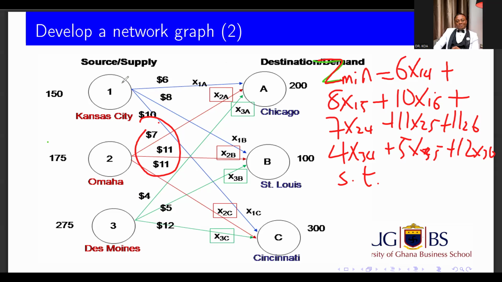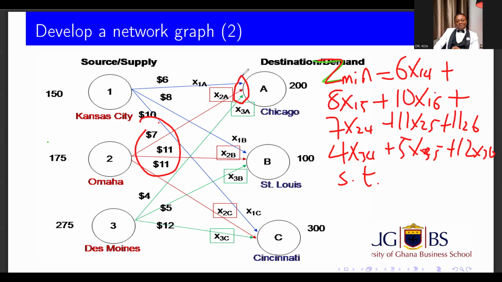Remember we said the constraints are for the nodes, and there are 6 nodes. So you're going to calculate 6 different constraints. The first constraint will be number 1 here, and you're going to look at all the arcs, not with their cost, just the names of the decision variables that are leaving the circle. And when you're looking at the second one, you're rather going to look out for those arcs that are coming to the circle.